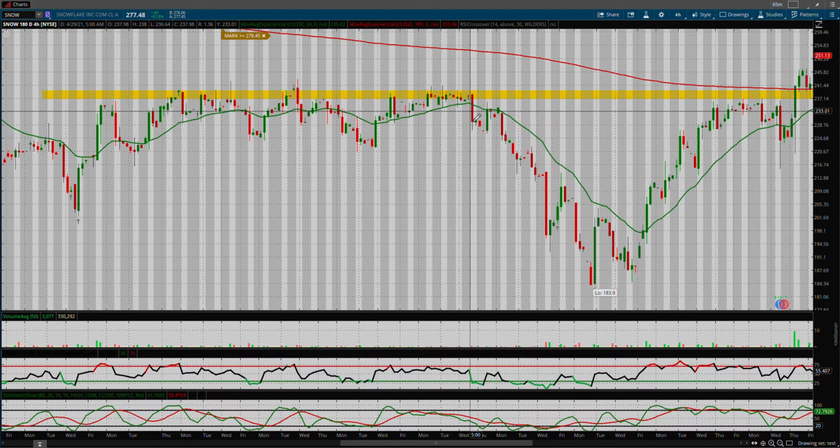Sellers step in and they bring price back down, and from that point on, you can actually pick a trade from there. A lot of times, it's mostly about looking for the bigger picture. At this point, you're looking at a downtrend from this level, so you're looking for a breakout to the downside. So you can play it here to the downside.